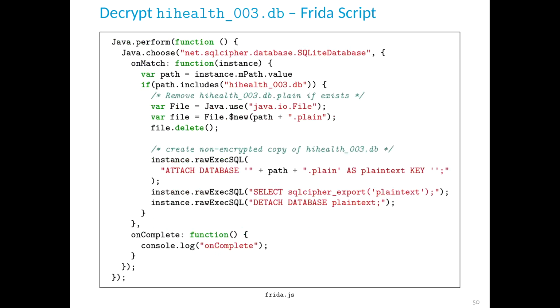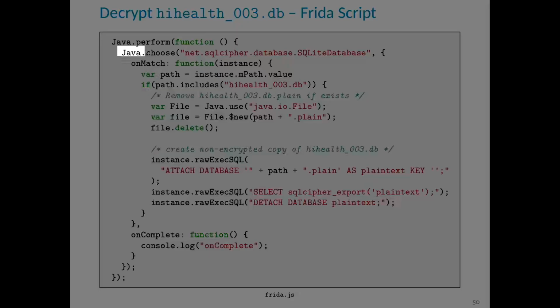And here you can see the Frida script I used to get the data out of the database, so to decrypt it. I think it's very interesting to see the capabilities of Frida, so I want to explain the code to you in a nutshell.